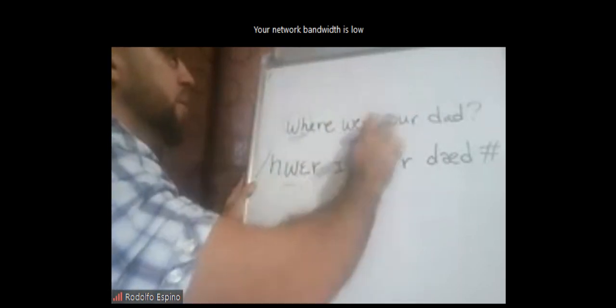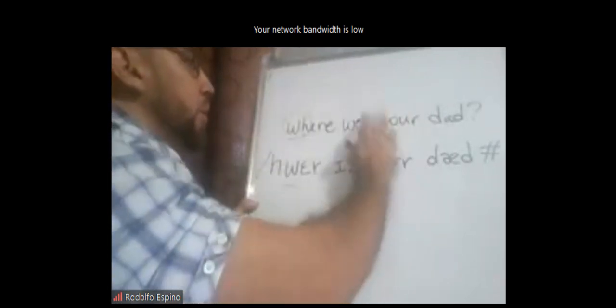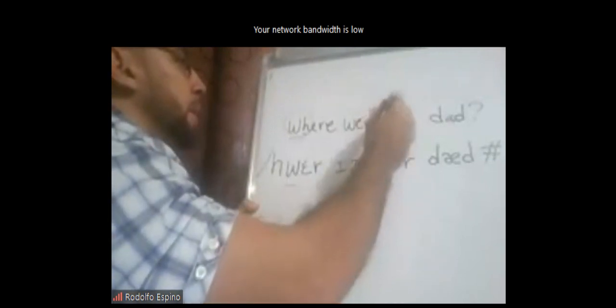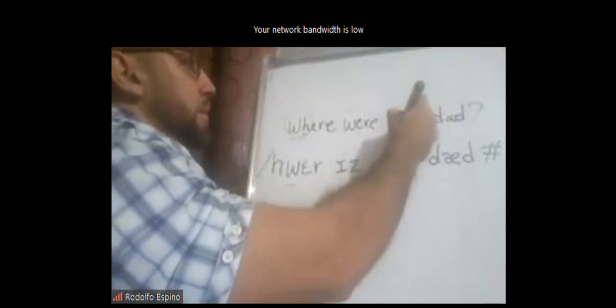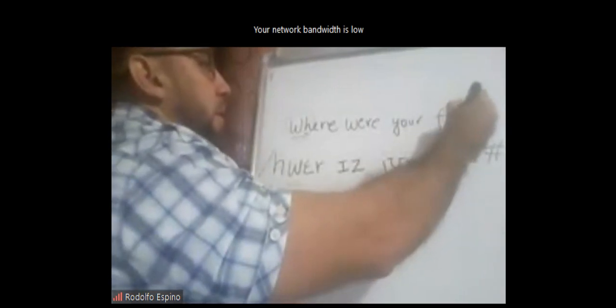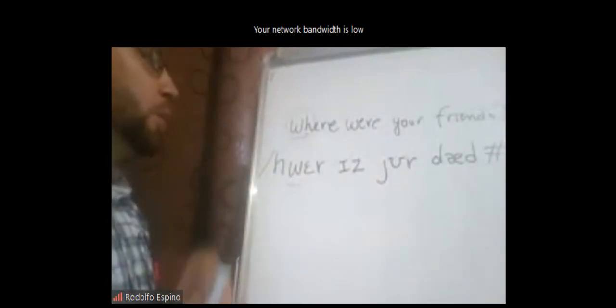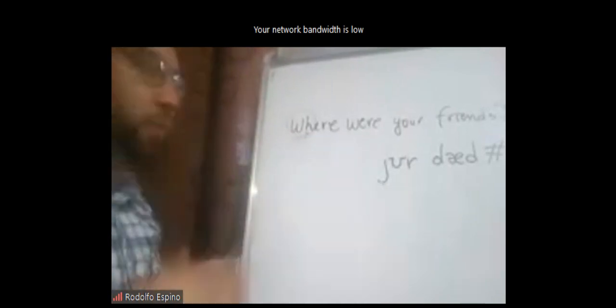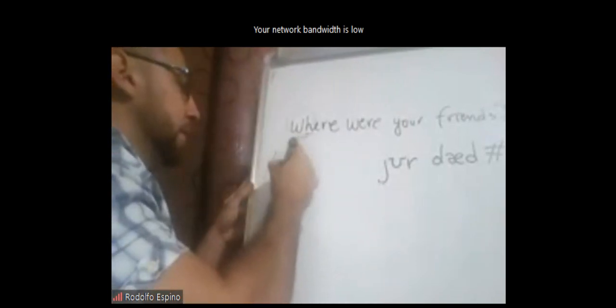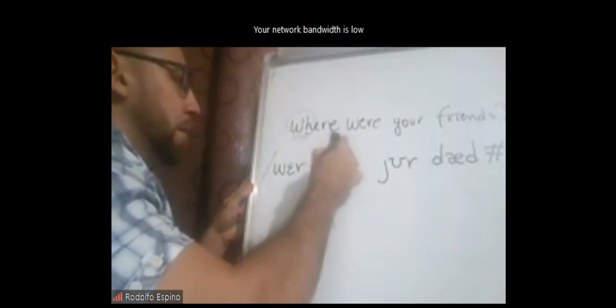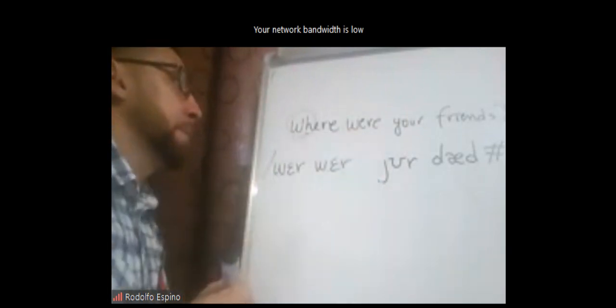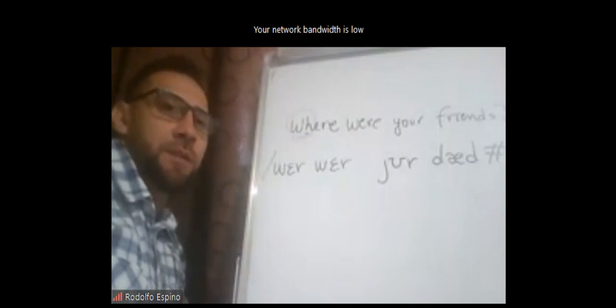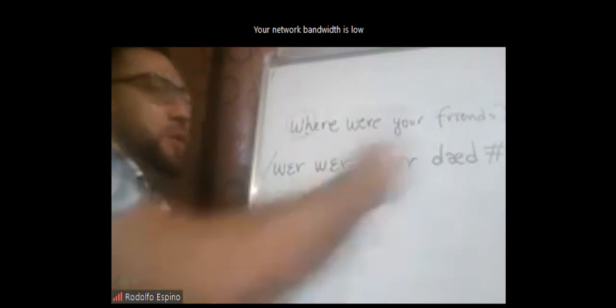Let's say the question was, for example, where were your friends? If the question had been where were your friends, then the transcription would have been the same. Where were your friends? Obviously, your friends here, right?